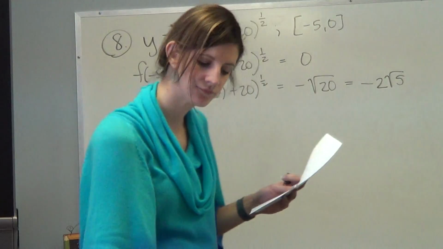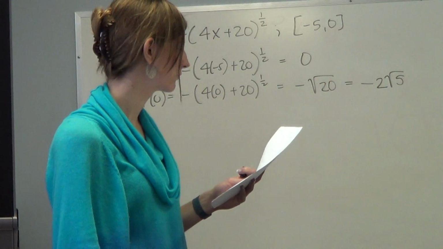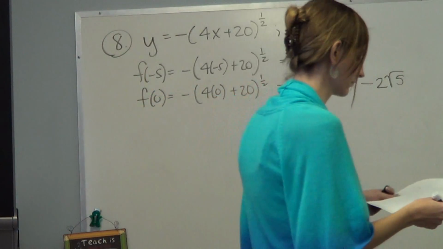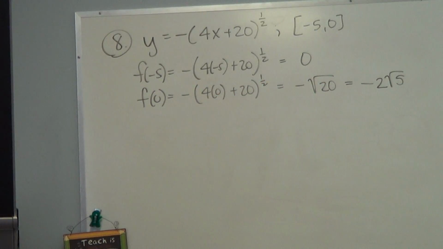What was the answer for number 4 again? 4 plus or minus the square root of 7 over 3.